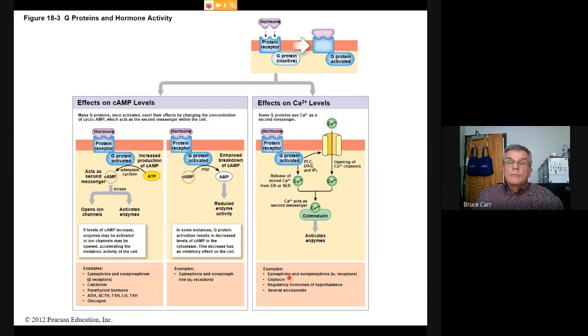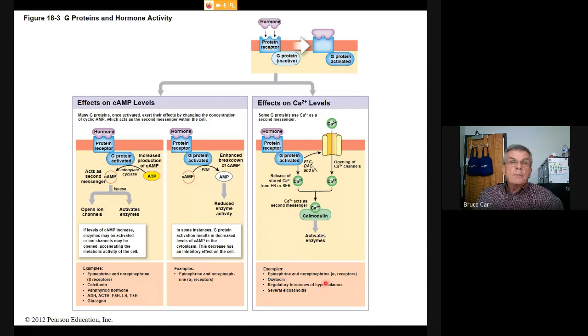Oxytocin is the hormone from the hypothalamus stored in the posterior pituitary that's released in order to induce labor contractions. And also oxytocin's secondary effect is to let down milk, not produce milk. Prolactin does that. But to make milk let down, so that the breast actually allows the milk to flow to the nipple.